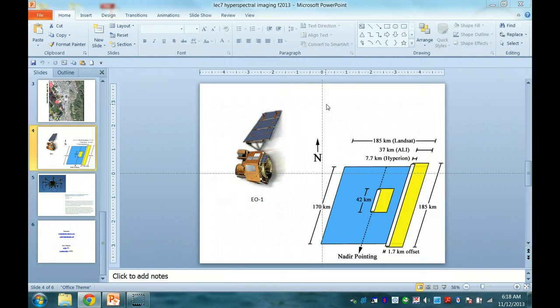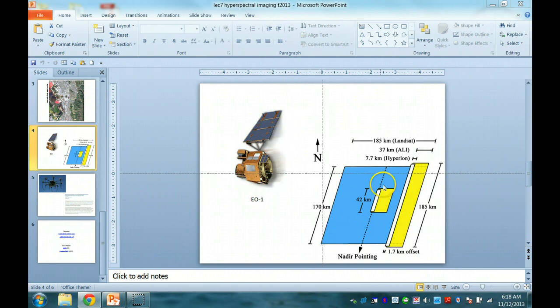And the one that's of particular interest to us here is the Hyperion. We've mentioned the ALI sensor on the EO-1, which was the test bed for the technologies that are now incorporated into Landsat 8, the Operational Land Imager, or OLI. A little bit confusing.